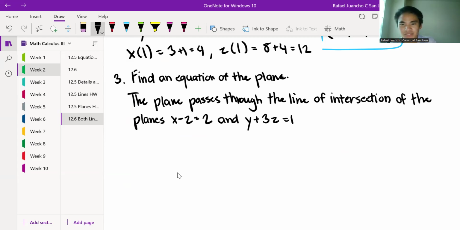So this information is probably where we'll get our point, somewhere here. And this plane is also perpendicular to another plane. So the clue about perpendicular is probably where we'll get our normal vector.